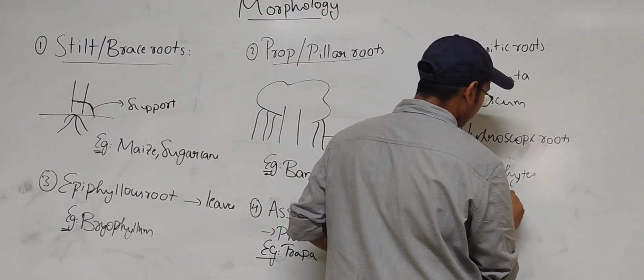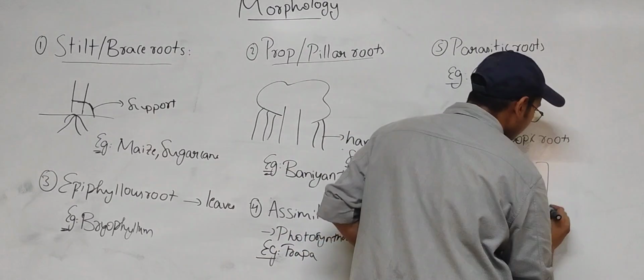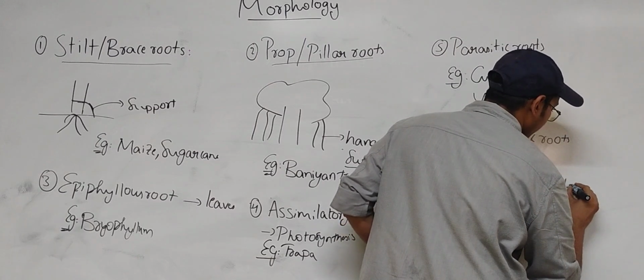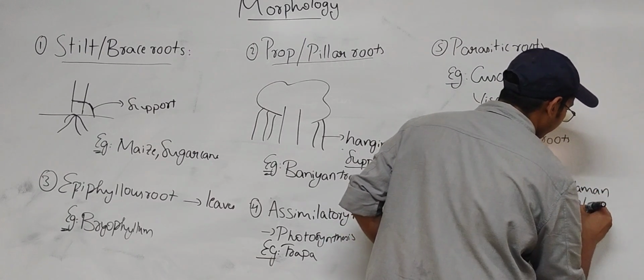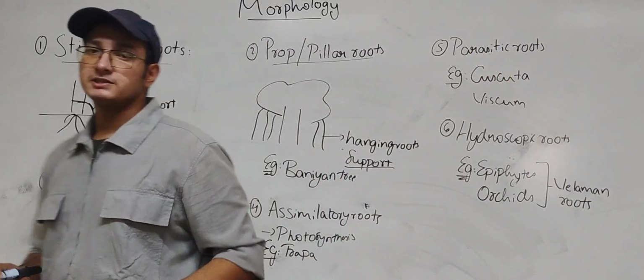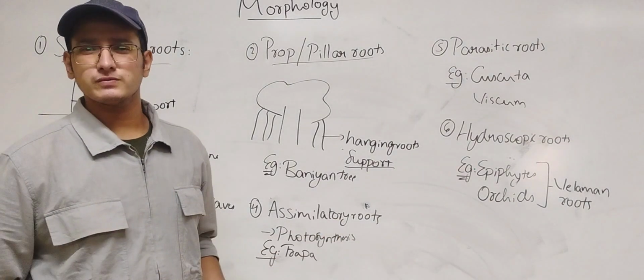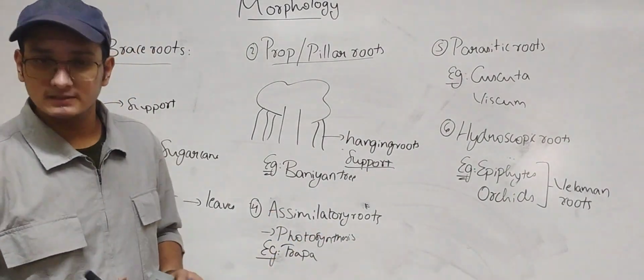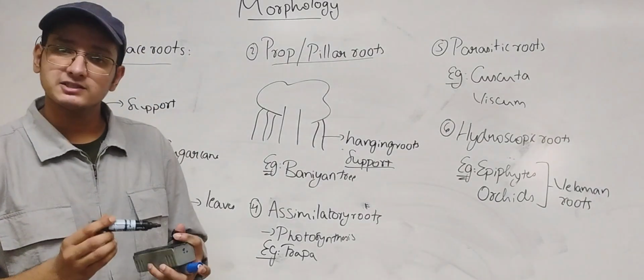This can be seen in orchids, and they have specialized velamen roots. These are the main adventitious roots in our syllabus. There are many kinds of roots, but these are very important. In upcoming classes we will see about stem and modifications of stem.